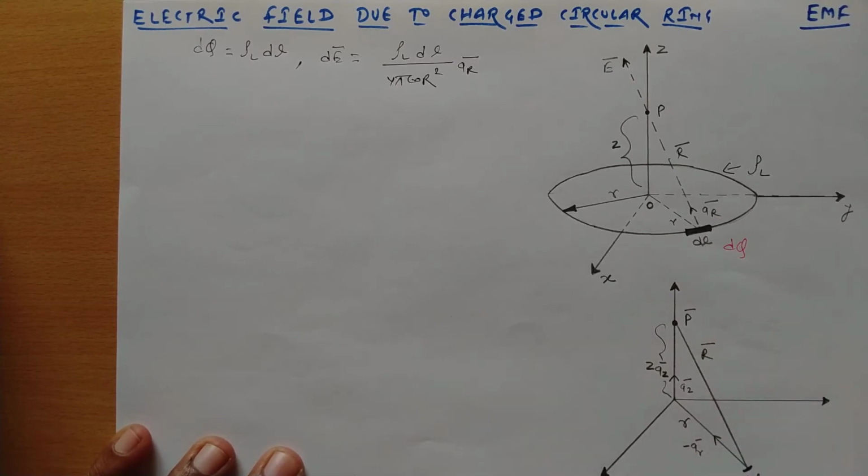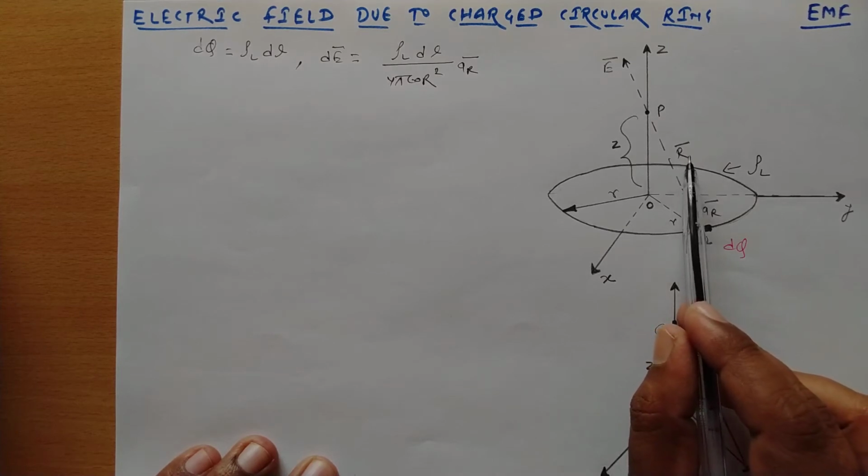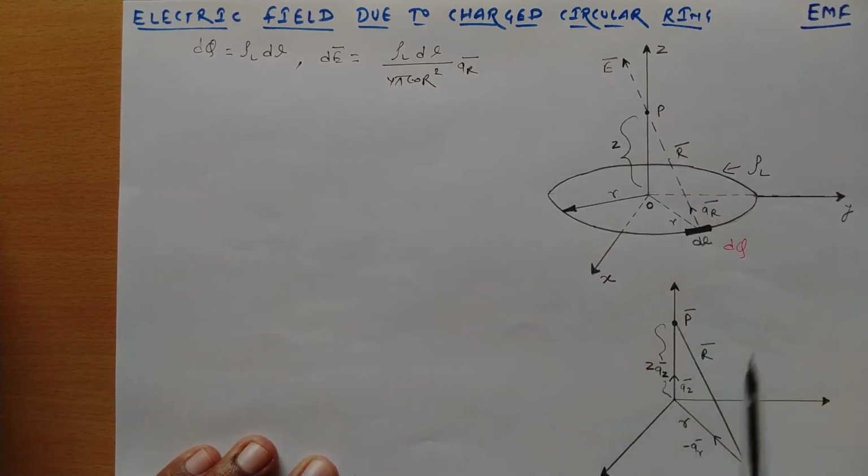Also, if we consider this in the cylindrical coordinate system, this distance vector r we can define as I have written here: this component becomes z az, and this becomes minus r ar because of the reverse direction.